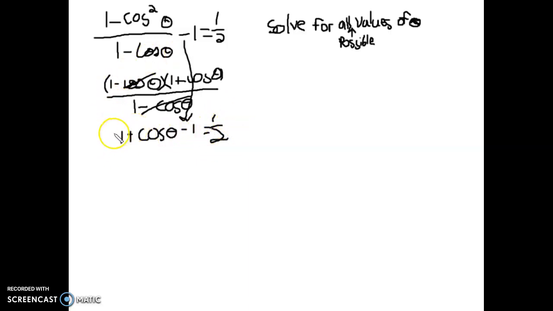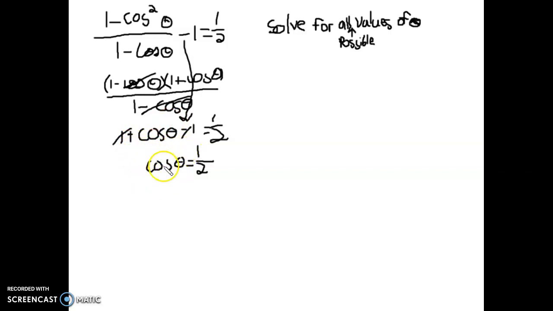And so now what we can do is simplify the left side of this equation by canceling out these ones. We're left with cosine of theta is equal to 1/2. And so it might seem like we are done with this problem, but we are not.